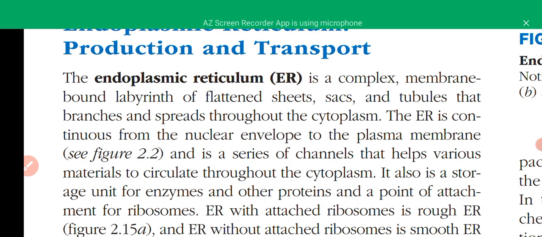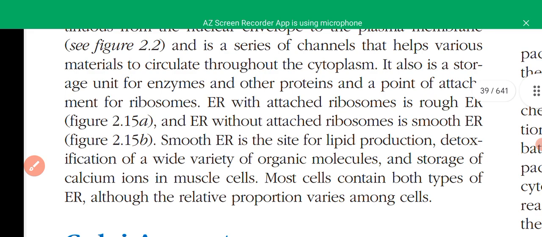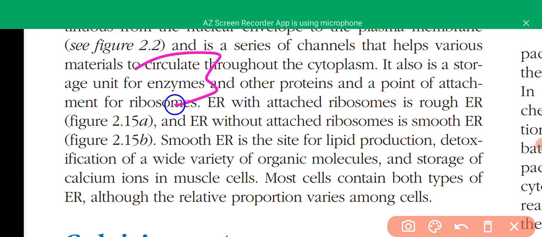They are continuous from the nuclear envelope to the plasma membrane, and there are many channels in it that help various materials circulate throughout the cytoplasm. They also serve as a storage site for different enzymes that perform their functions, and other proteins are also stored.